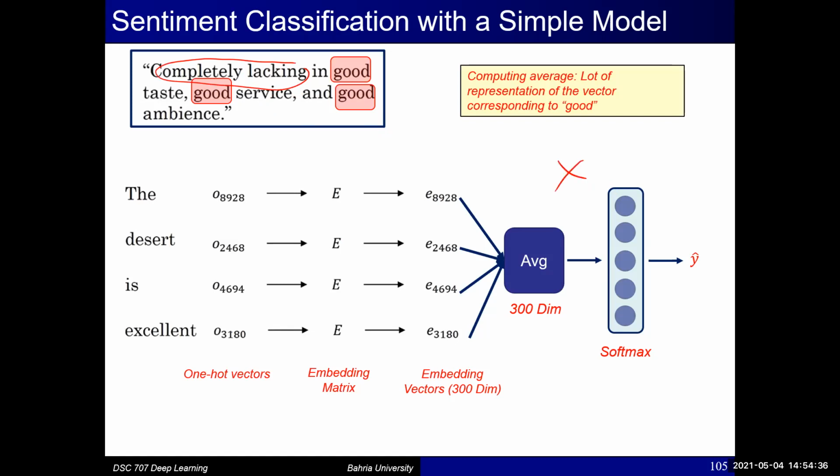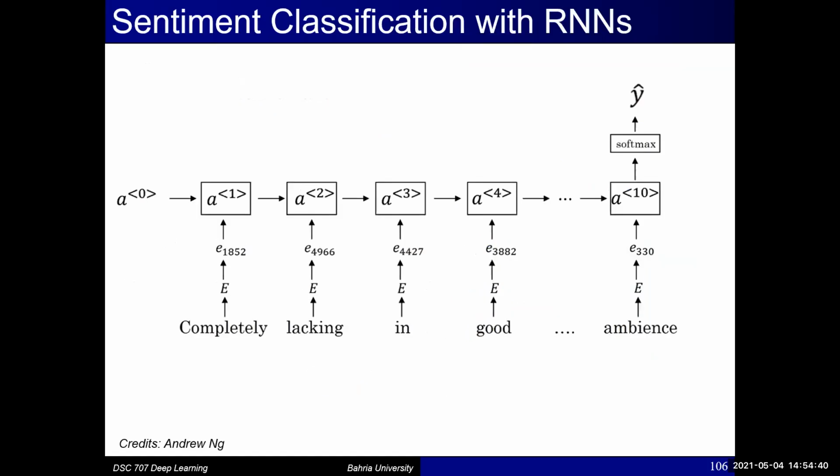That's why we normally solve such a problem with a recurrent neural network, where we feed word by word, a single word at a time, to the model. We are feeding word by word, and then at the end we have a softmax layer which gives us the rating or the star from 1 to 5. And what is this E? This E is the embedding layer, to learn word embedding, because this would be in one hot representation.